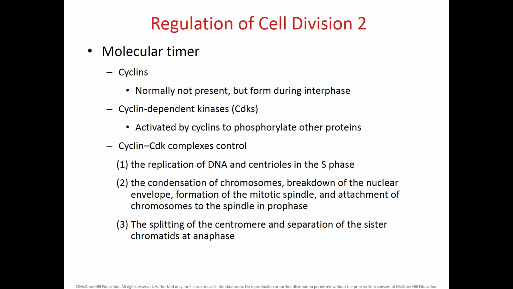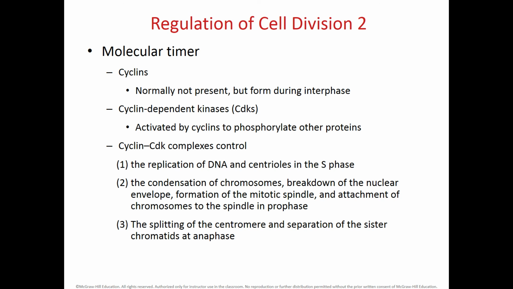So there is this cyclin-dependent kinase complex control, in which when you replicate your DNA and your centrioles in the S phase, you start slowing down cell division because you have completed the replication of DNA and the centrioles by phosphorylating other proteins.